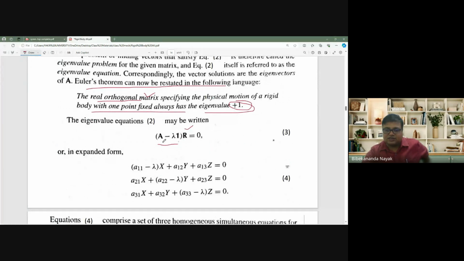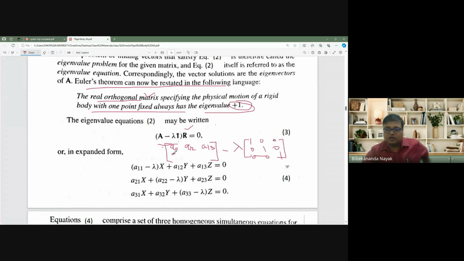If you expand this, A is a matrix with components A11, A12, A13, A21, A22, A23, A31, A32, A33. And lambda into I means the identity matrix: 1 0 0, 0 1 0, 0 0 1.